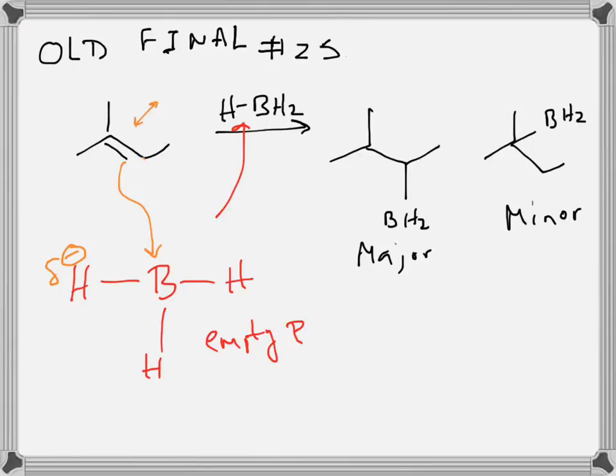We drew out our resonance for this. We got a negative charge there and a positive charge on the other carbon. So what ends up happening is our pi bond comes out, reacts with the boron, and then the electrons in the hydrogen-carbon bond immediately go back to the positive charge on our carbon.